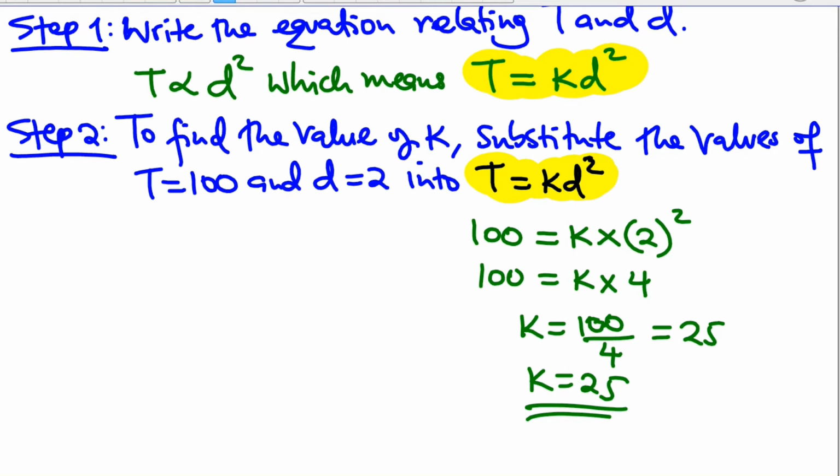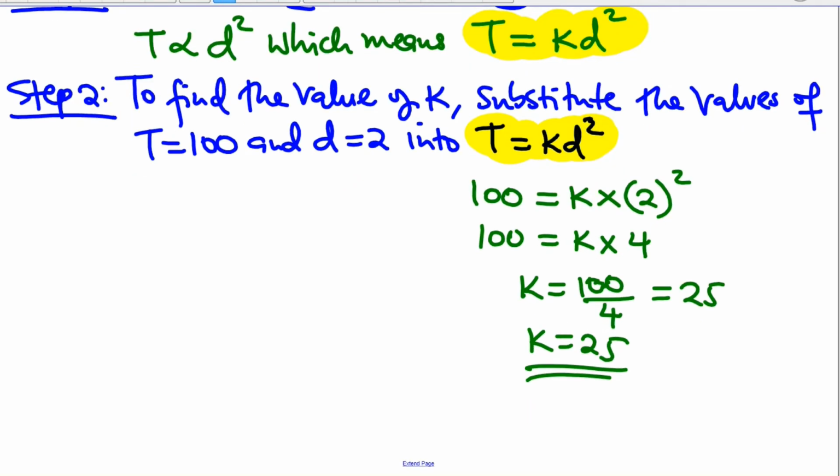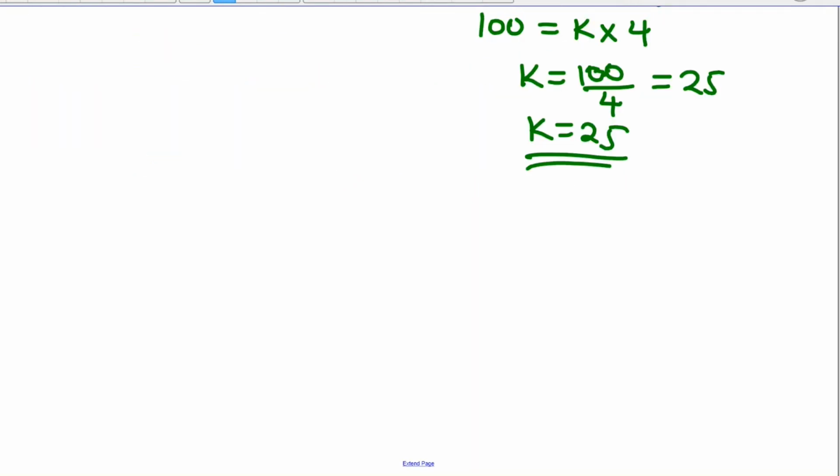So our step 3 will be to rewrite the equation using our newly found value of k, because now we have k, which means we know the constant that's connecting these two variables.